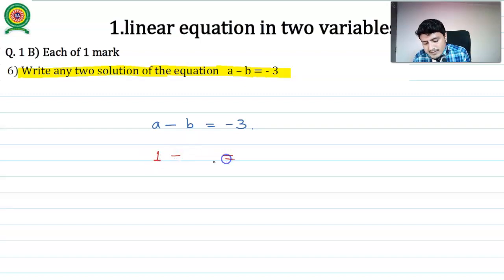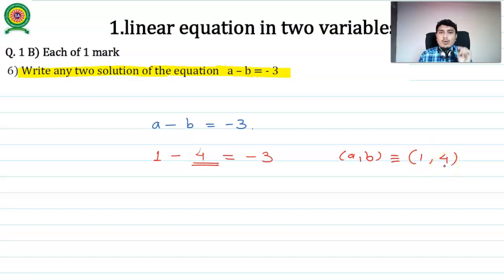So 1 minus something will give us minus 3. So we have 1 minus 4 is minus 3. The values of a and b that satisfy the given equation are 1 and 4. That means (1, 4) is a solution of the given linear equation in two variables.